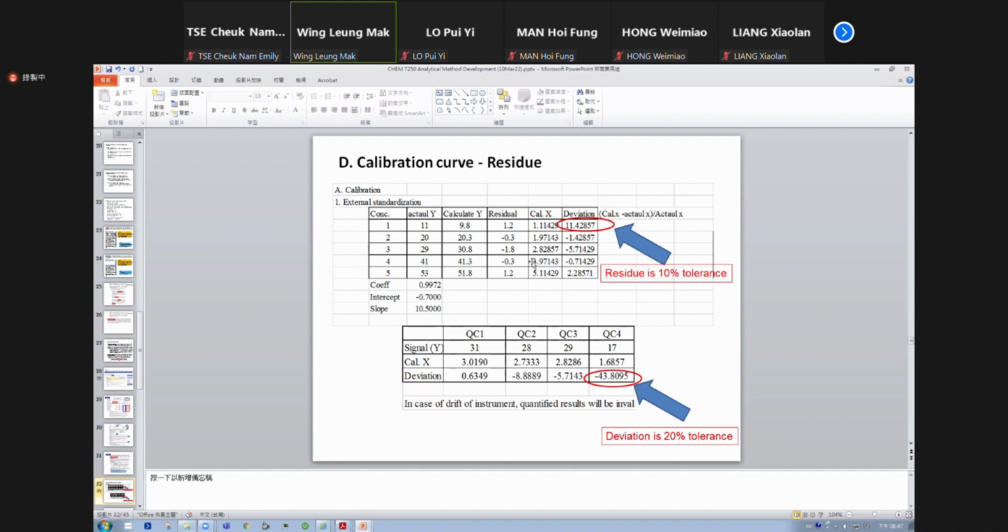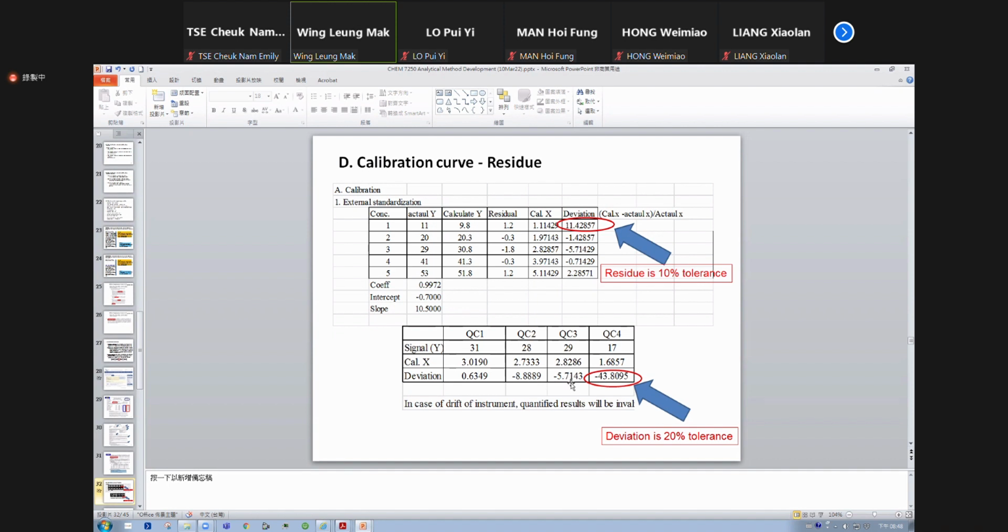For your QC, just like your ICV, CCV, QC1, QC2, QC3, QC4 to monitor the instrument. The signal is deteriorating, becoming smaller. The deviation in this one is only 0.63%. This one is around 10%.